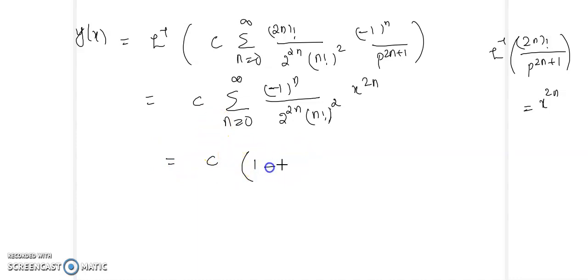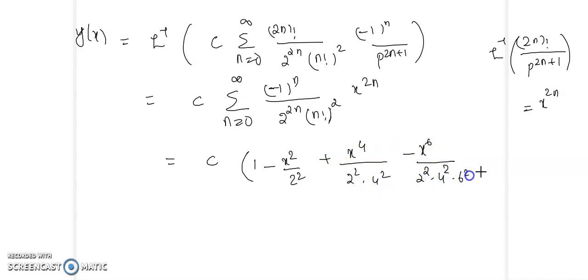That is the series c times 1 minus x square by 2 square plus x raised to 4 by 2 square into 4 square minus x raised to 6 by 2 square into 4 square into 6 square plus etc. Since y at 0 is equal to 1, applying this condition you will get c equal to 1.